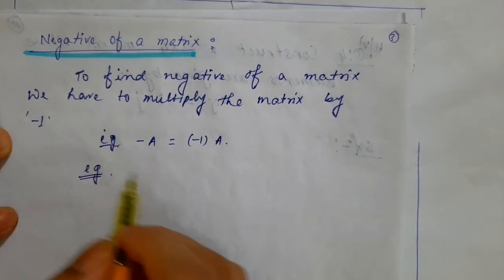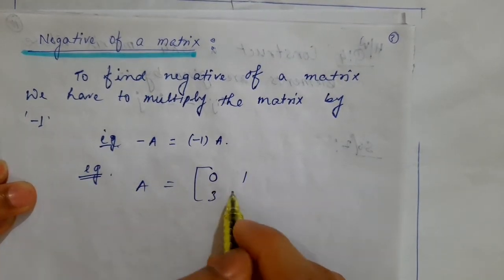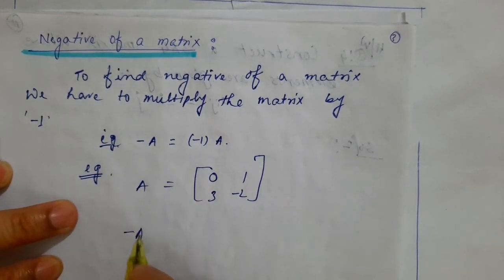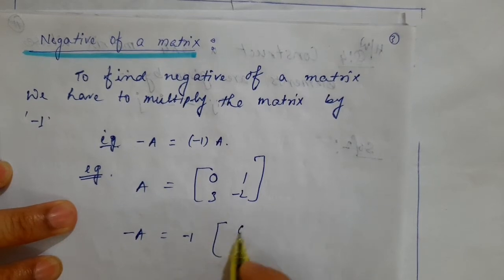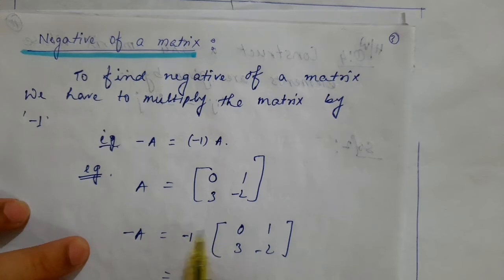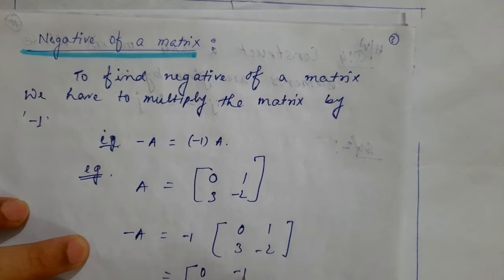We'll explain it with the help of an example. Suppose A equal to 0 1 3 -2. You have to find the negative of this matrix. So minus A will be equal to -1 times 0 1 3 -2. According to the scalar multiplication law, you have to multiply this number with all of these elements. -1 into 0, that is 0. -1 into 1, that is -1. -1 into 3, that is -3. -1 into -2, it will become +2.